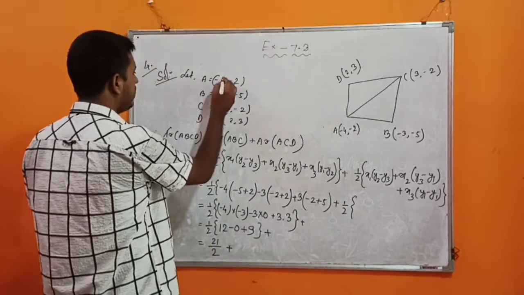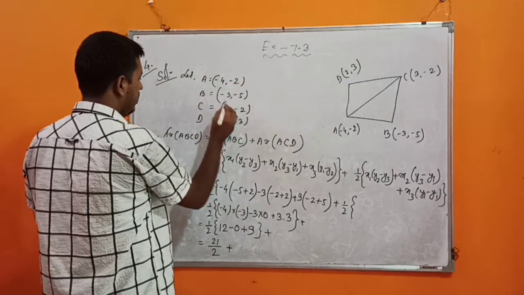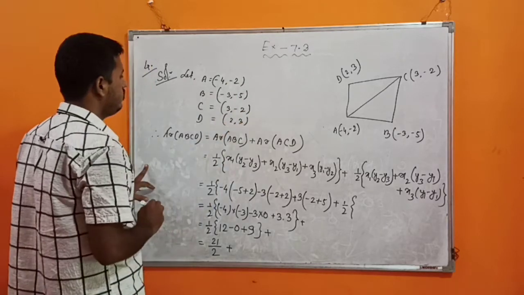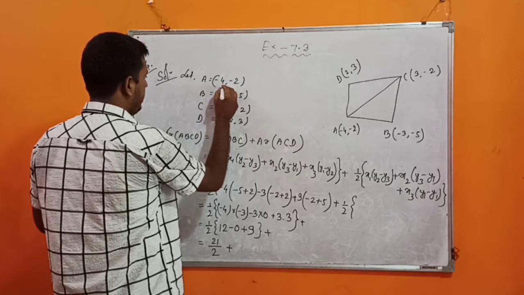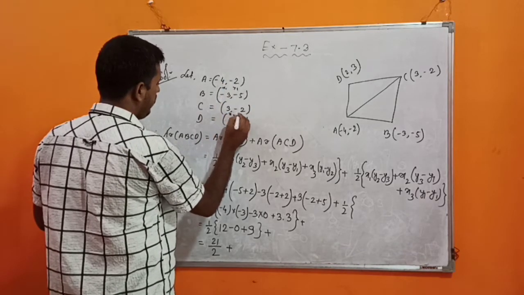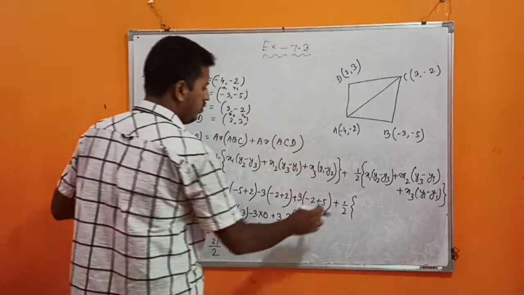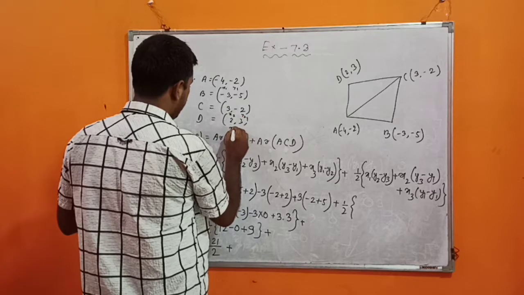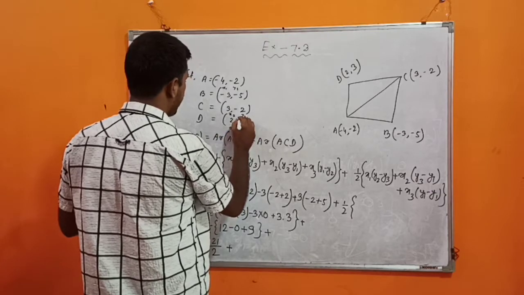Now in ACD, look at this, x1 y1 is this one, x2 y2 is this one, and x3 y3 is this one. For your better understanding, I am writing here x1 y1, C will be x2 y2, since the triangle is ACD, and this is x3 y3.